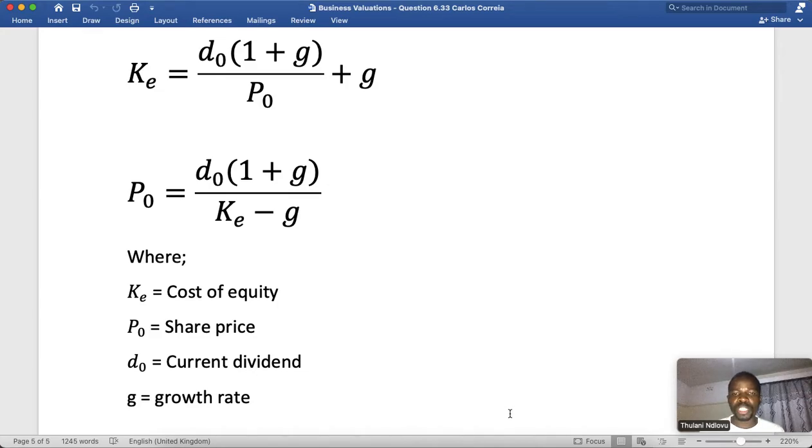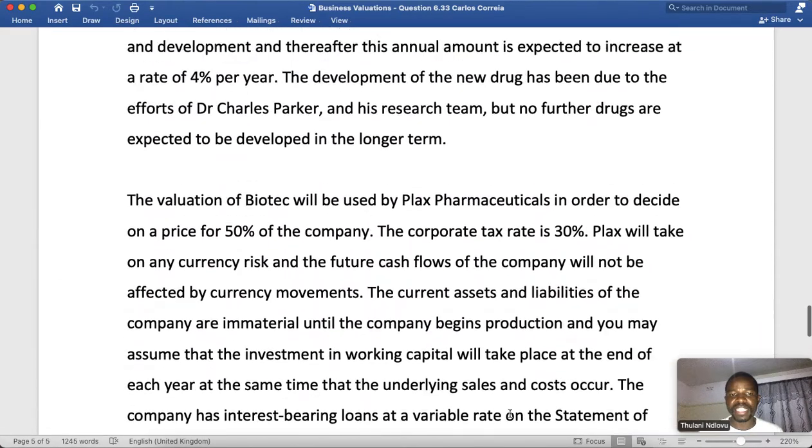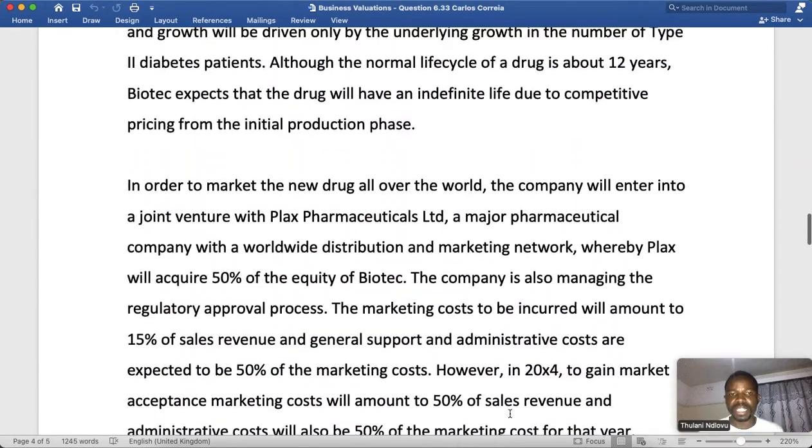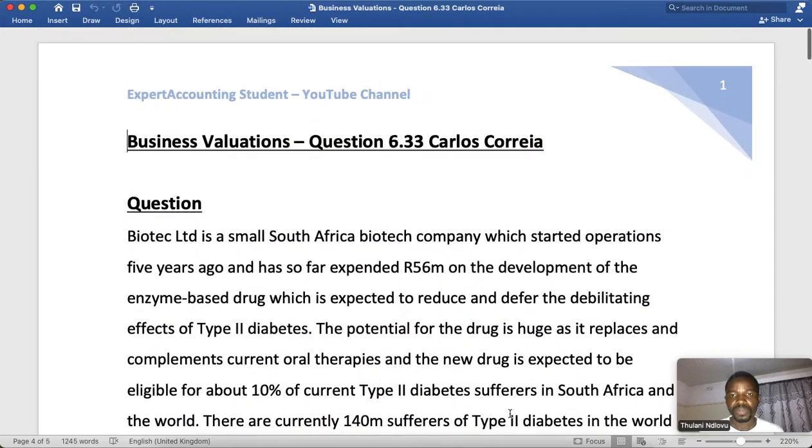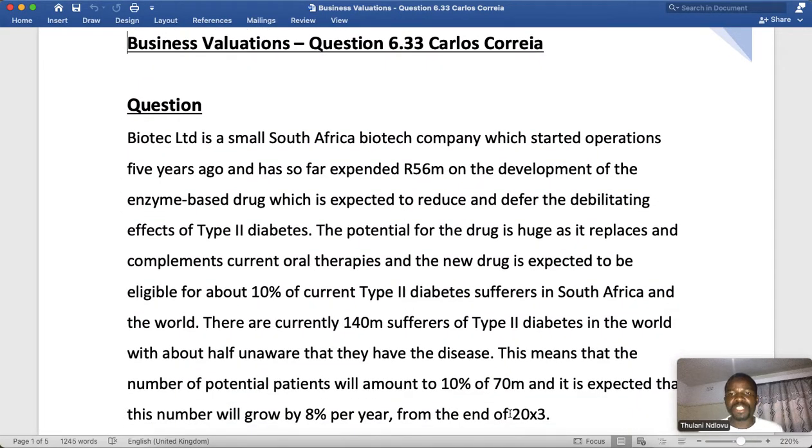Now let's go to the scenario and read the scenario slowly and understand it. Biotech is a small South African biotech company which started operations 5 years ago and has so far expended 56 million on the development of the enzyme-based drug, which is expected to reduce and defer the debilitating effects of type 2 diabetes.